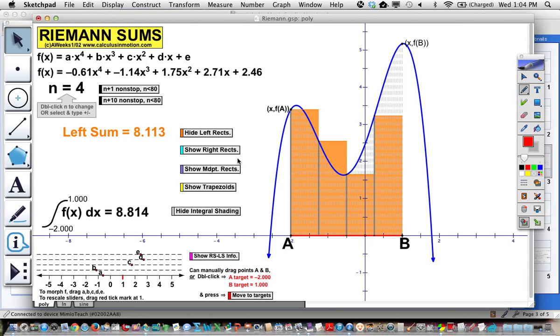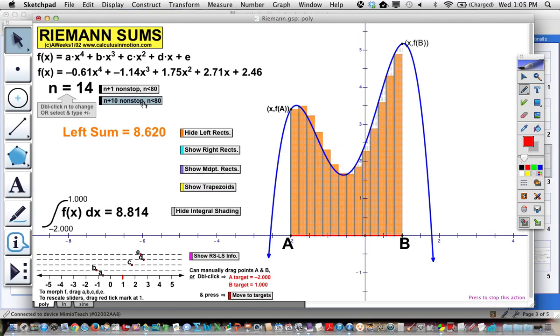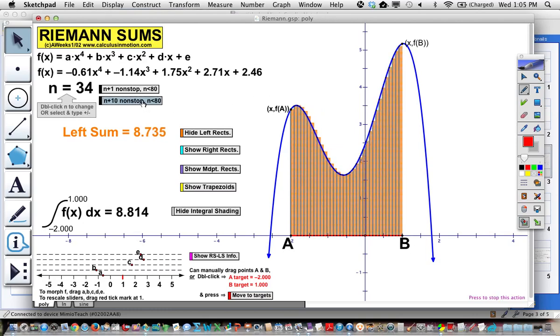But what if we had 40 left rectangles? It'd be pretty good, right? Or, I don't know, 30, let's go back. There's 34. Now it's pretty good. It's not as good as 34 trapezoids was, but what if we had 1,000,000 left rectangles?